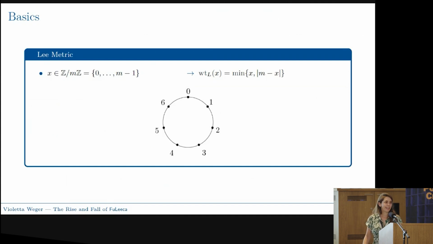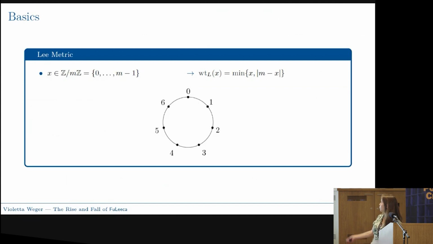Let's start with something that I know, the Lie metric. So the Lie metric is actually one of the oldest metrics that we have in coding theory. It was introduced in '58 by Lie to cope with phase modulation in channels. It's defined over integer residue rings, so you have some Z modulo m, and if you represent your element between 0 and m minus 1, then the Lie weight of that element is just given by the minimum of x and m minus x.